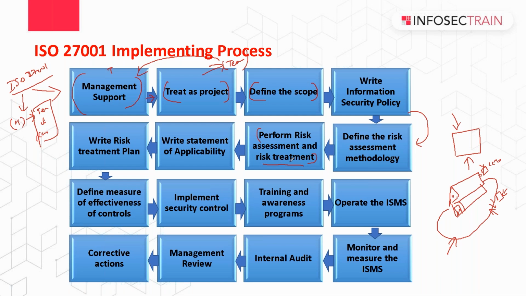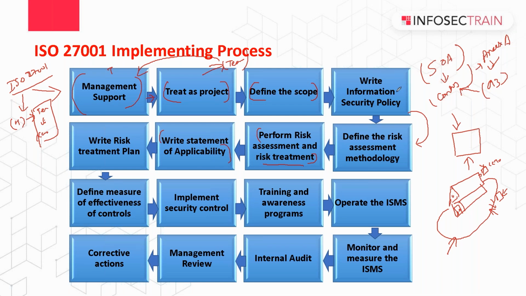Once we have a risk treatment plan and the risk has been treated, we start writing a statement of applicability, also known as SOA. The SOA will contain the controls that we have in Annex A. Under Annex A, we have 93 controls, so the SOA will have all 93 controls.